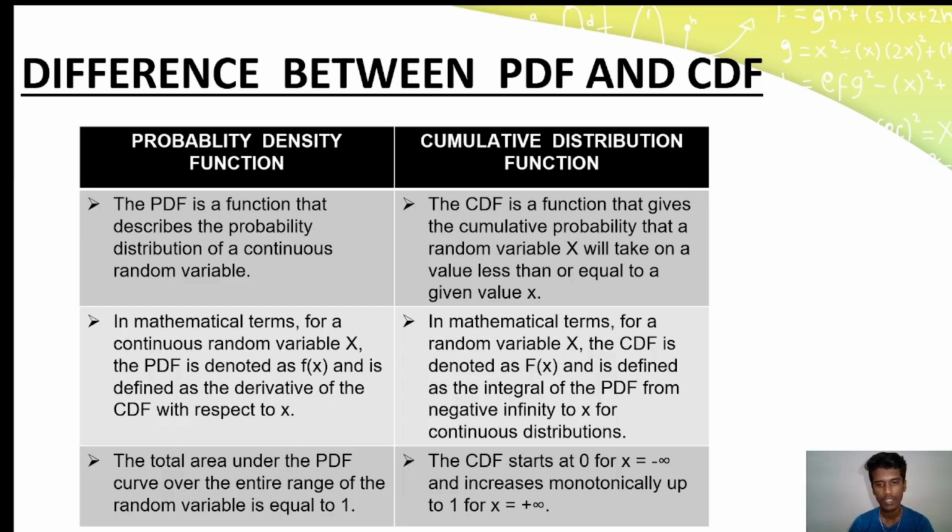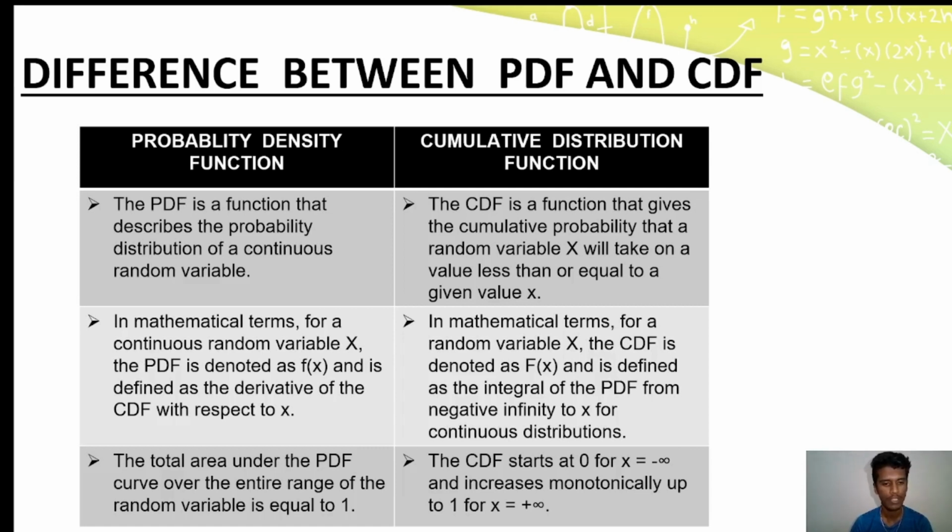And the CDF is defined as the integral of the PDF from negative infinity to x for a continuous distribution. The total area under the PDF curve over the entire range of the random variable is equal to 1.